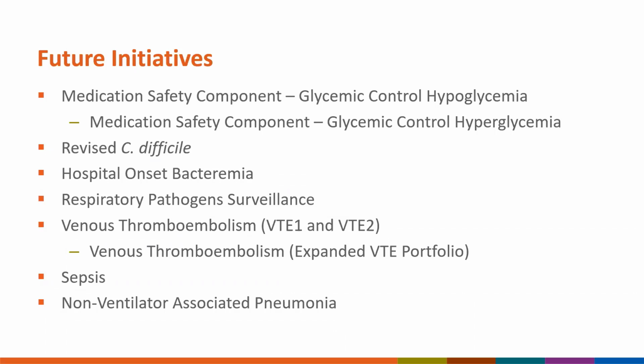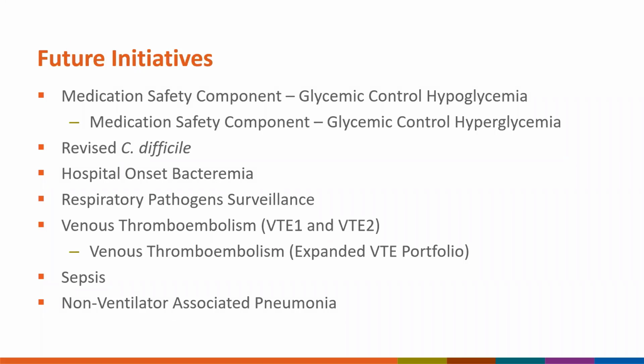in the top of the slide, we have a new component actually that is underway that will have, for starters, some measures around glycemic control. And those measures, there's a measure around hypoglycemia, and then ultimately there's a measure around hyperglycemia also, which is going to be secondary.